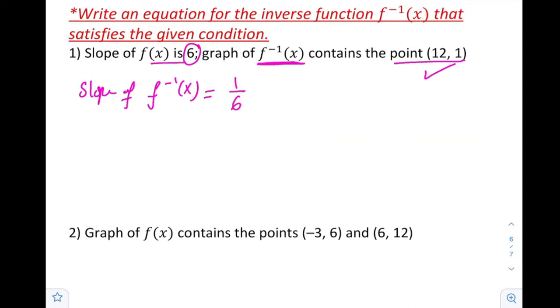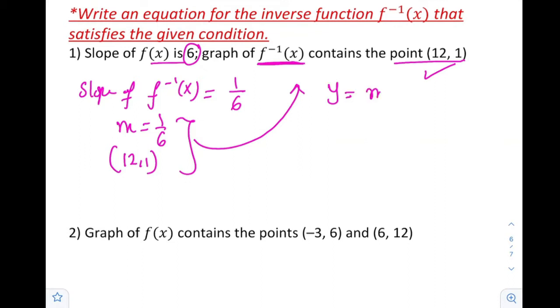So now I have slope 1 over 6 and point 12, 1, then I can write the equation in y equals mx plus b, and we will continue as we studied before. This is x, this is y.